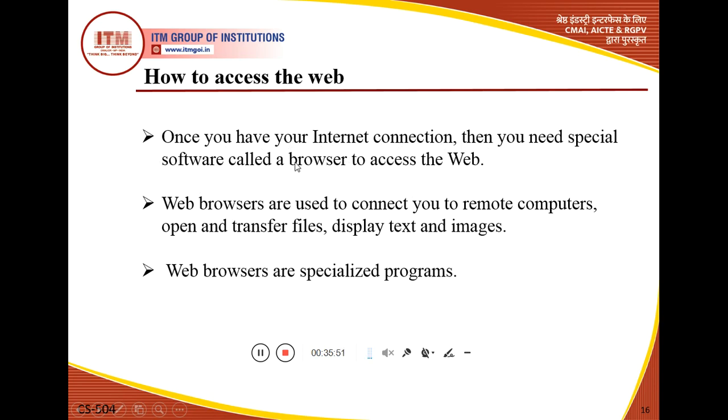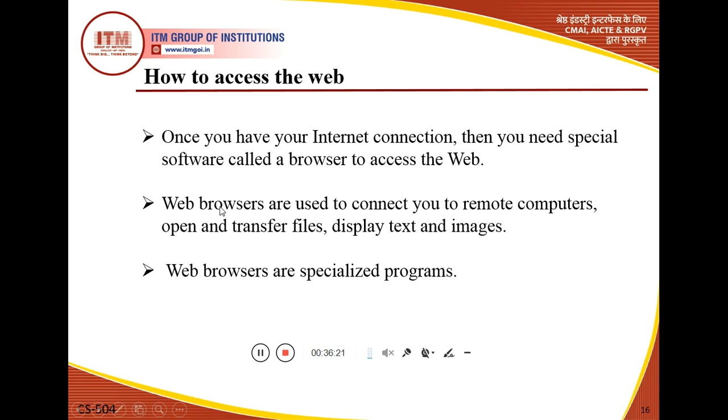So for accessing the web, the first point is compulsory: that you have an internet connection. Then you need some type of software for browsing or accessing your web requests, and these are called web browsers.